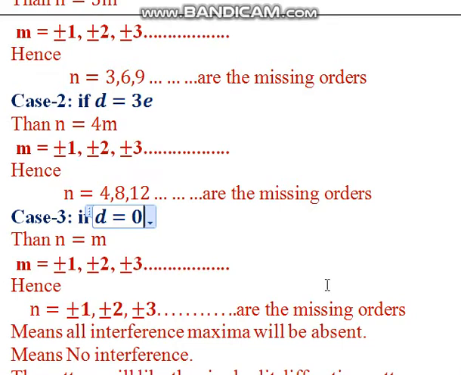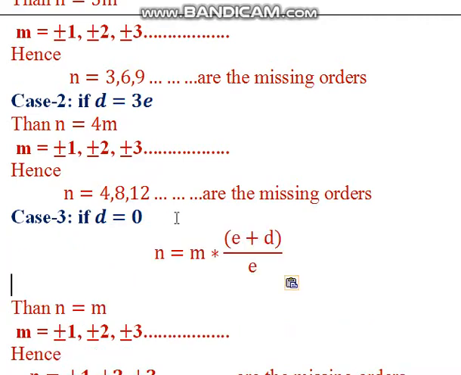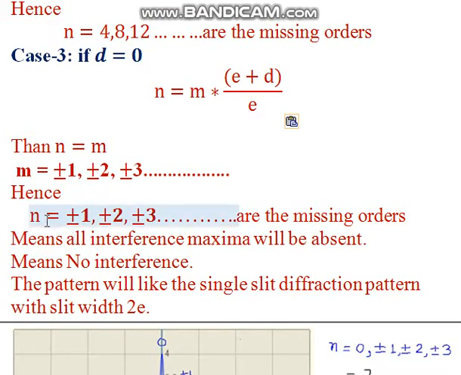So let's see. From this formula, here d is equal to 0, e cancels out, n is equal to m. That means m is equal to plus minus 1, 2, 3, 4, and hence n will also be plus minus. n is the order of the interference.